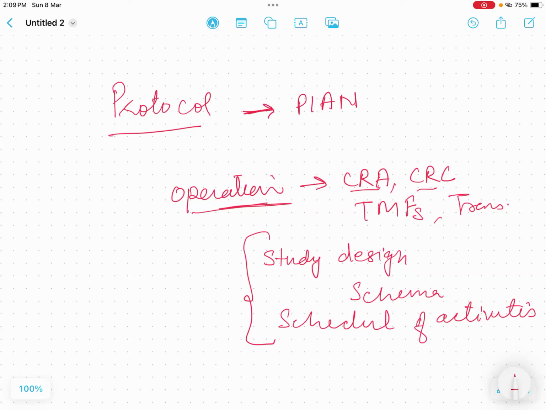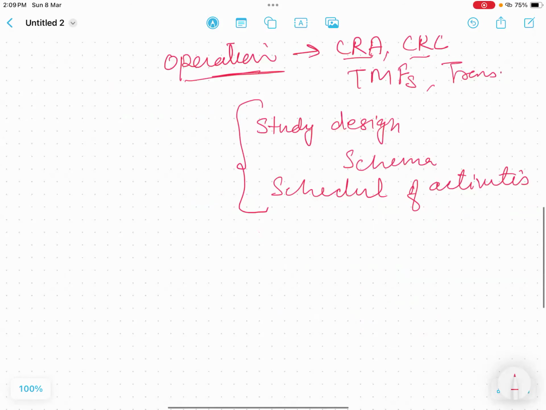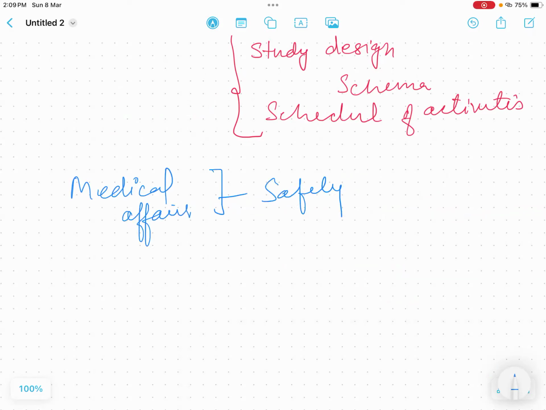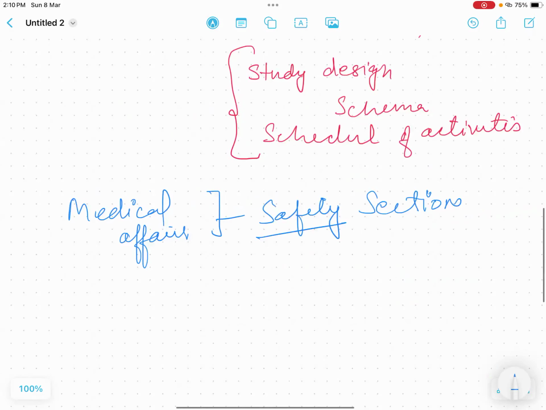These are the things that matter to you when you are working in operations, correct? But now suppose you are in medical affairs. Maybe the safety section of a protocol is more important for you, because you have to pay attention to AEs and SAEs.